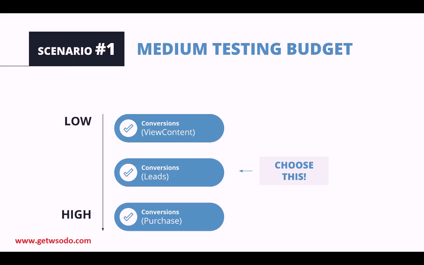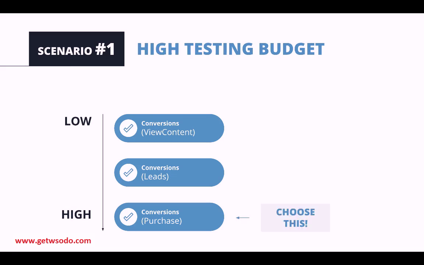So this would be something that's basically halfway through the funnel. They've gone through your landing page, they're about to go to the offer. It's sort of a midway point in the funnel. This is something that you could optimize for with $50 a day, definitely. So this is sort of a mid-level testing budget, okay?